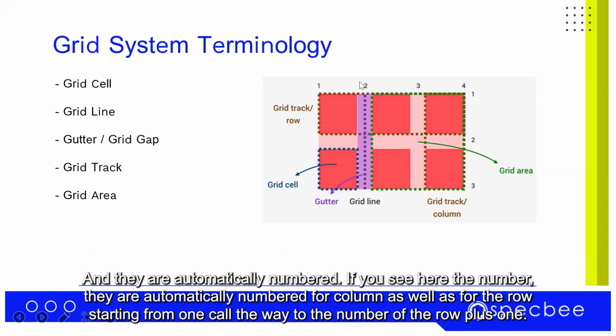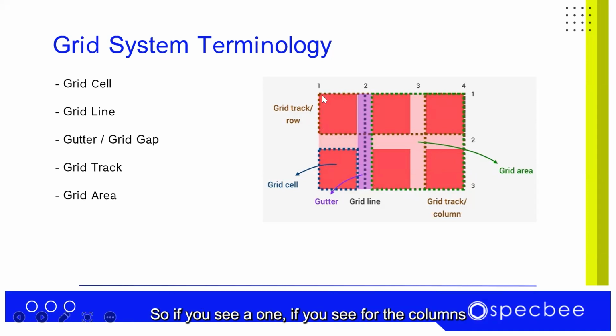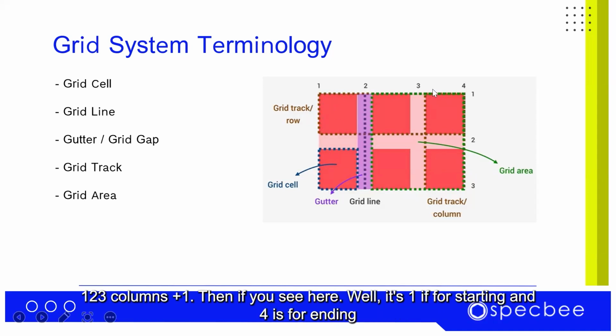The numbers are automatically assigned for columns as well as rows, starting from 1 all the way to the number of rows plus 1. For the columns, we have 1, 2, 3 columns and plus 1 is 4, meaning 1 is for the start and 4 is for the end.